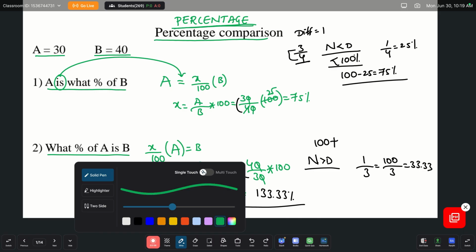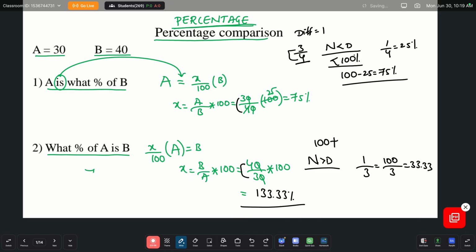So if you have a question like 7 by 8, what is the percentage of 7 by 8? We need to take the difference of numerator and denominator. The difference of 7 and 8 will be equal to 1. So the denominator will be equal to 8. 1 by 8 will be equal to 100 by 8. 100 by 8 equal to 12.5. 100 minus 12.5 will be equal to 87.5.